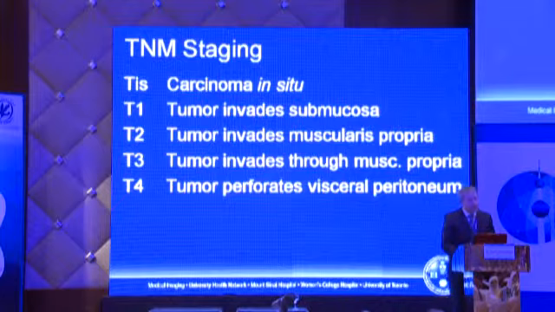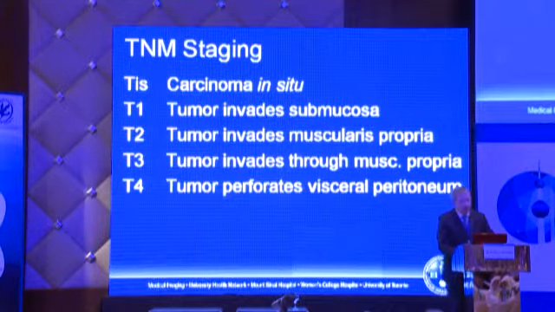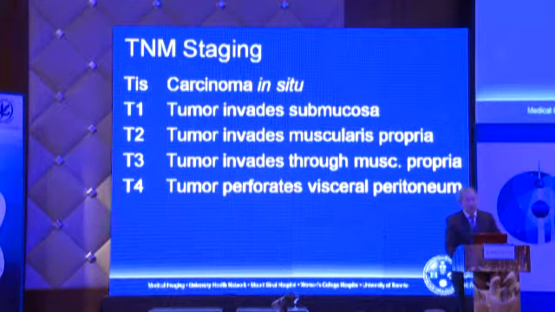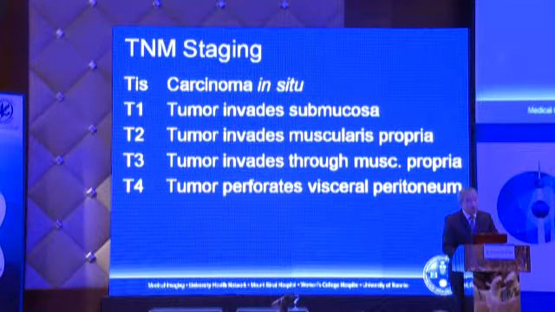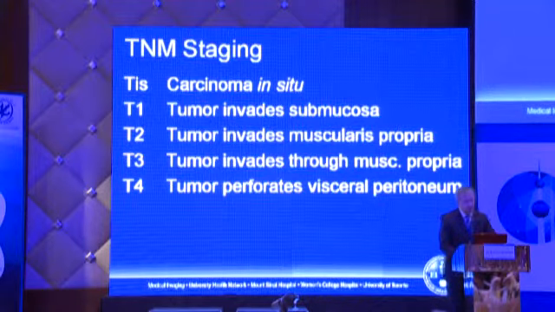Now, to go through the TNM staging system, Tis is carcinoma in situ. T1, tumor invades the submucosa, but not the muscularis propria. T2, tumor invades the muscularis propria, but does not invade through it. T3, tumor invades through the muscularis propria.